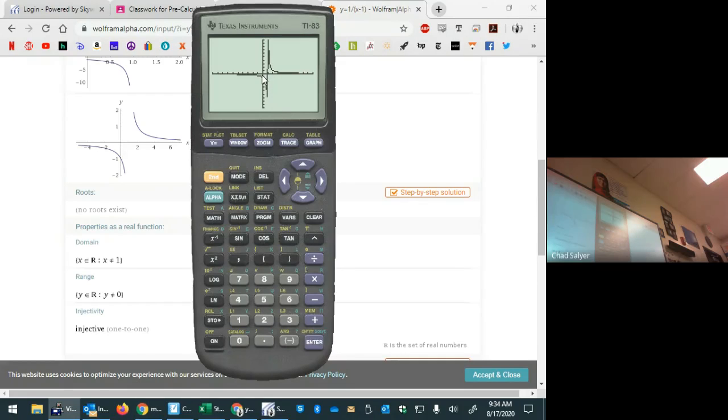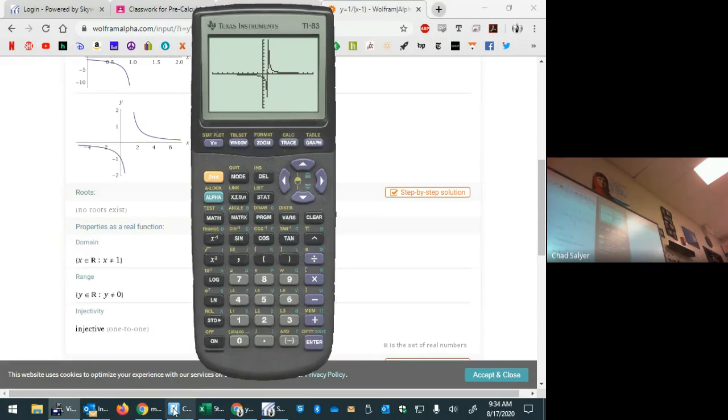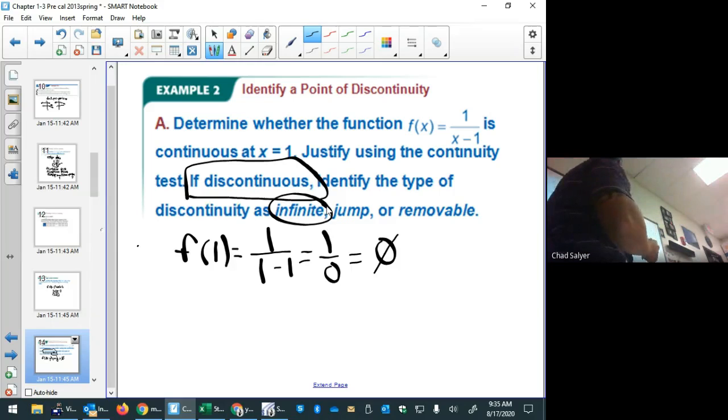It's a consequence of the calculator doing a poor job with the discontinuity. Okay, so anyway, this is the real graph, and we see that it is clearly the infinite type. So based on graphical analysis, this is a discontinuous and an infinite type discontinuity at x equals 1.